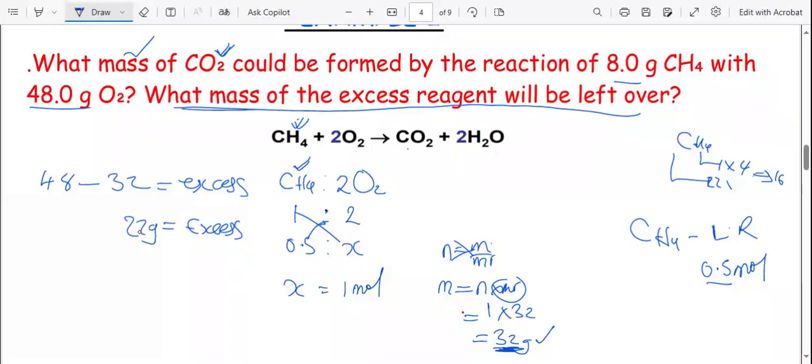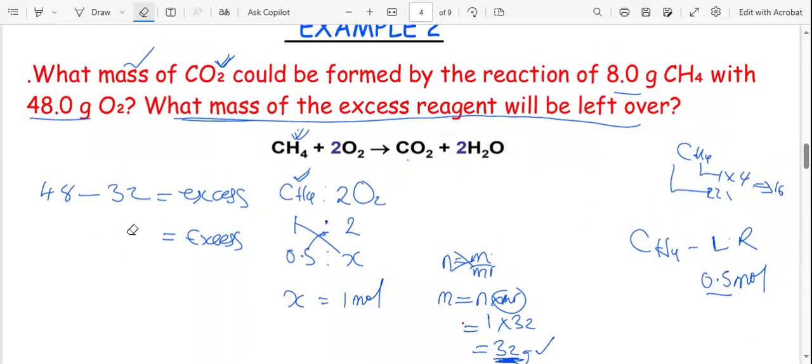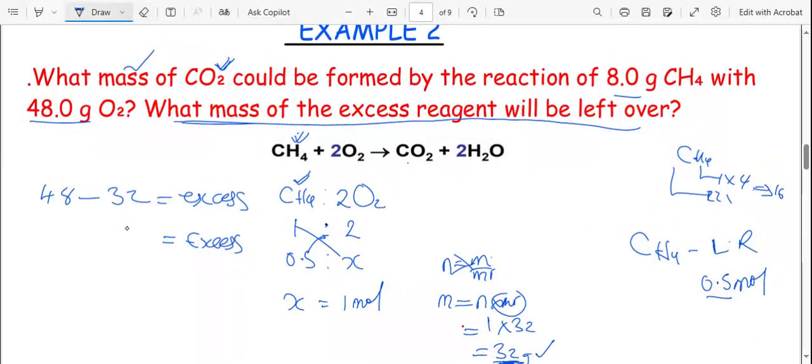Not 22, this is 16 when you subtract there, I'm sorry. 16 will be left. And 16 is in grams, by the way. So that's how you can handle this one. 16 grams of excess will be left.